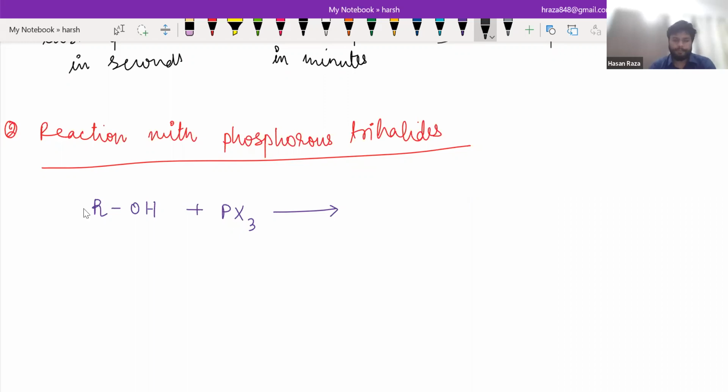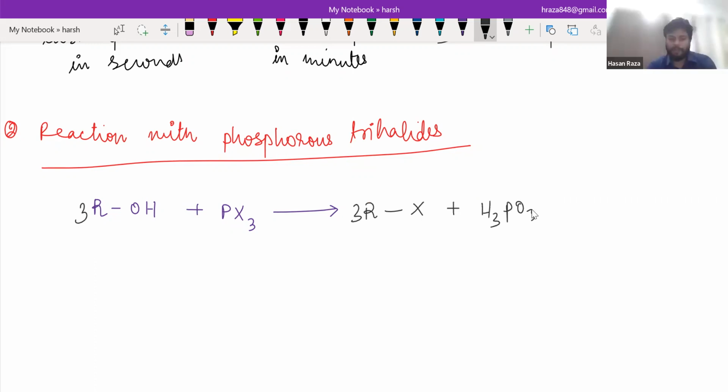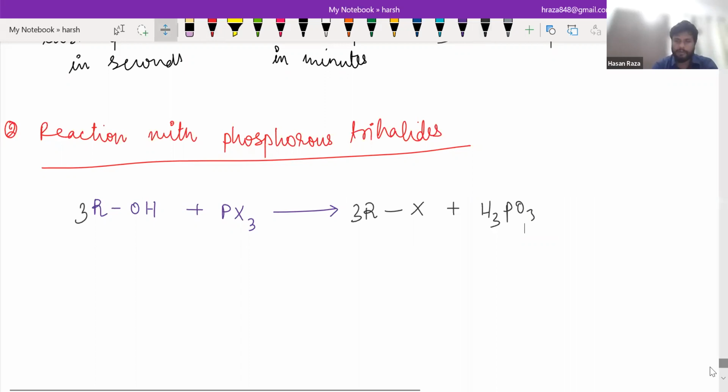So see, I'm going to explain. We will take 3 moles of this, and we will get 3 moles of RX, along with H3PO3. Sorry, H3PX. Please write it. Done, sir. Very good. So this is about the reaction of phosphorus trihalide that we have already studied, right?